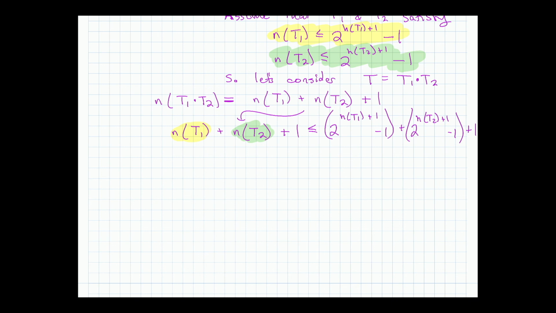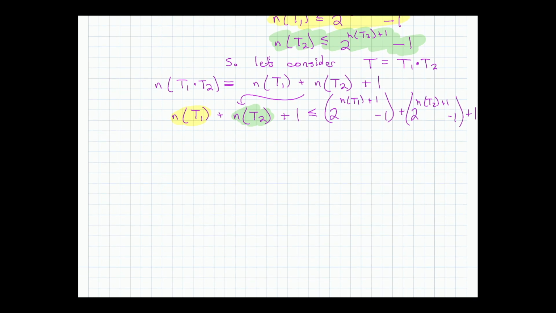So what is that all going to work out to? I'm going to work out this left side here, so I'll put a less than or equal to. We've got a -1, a -1, and a +1.